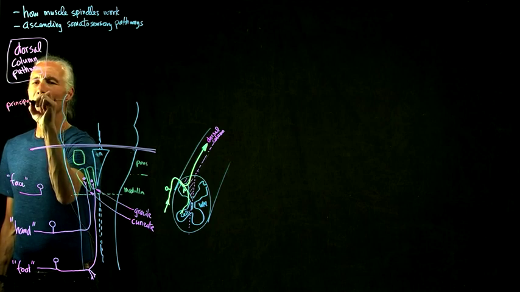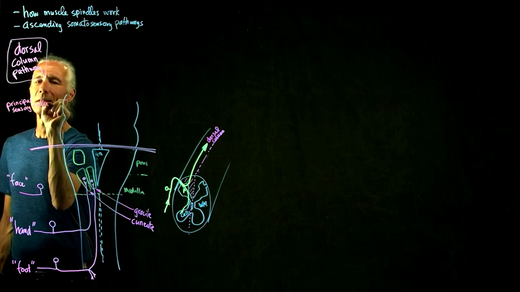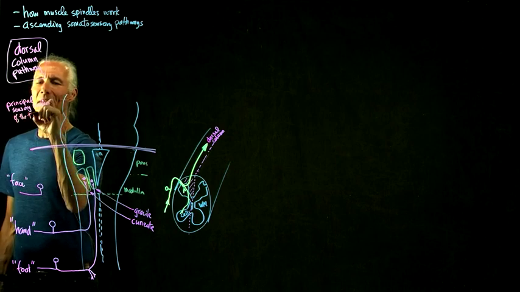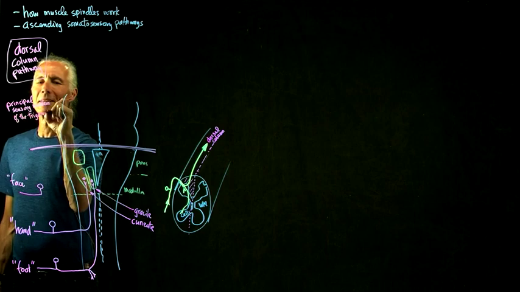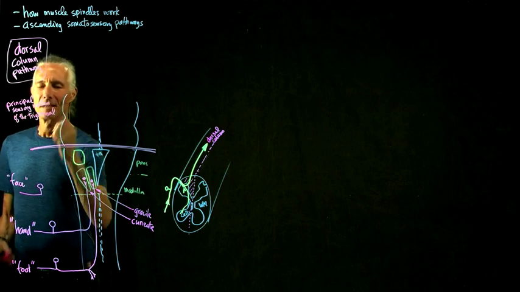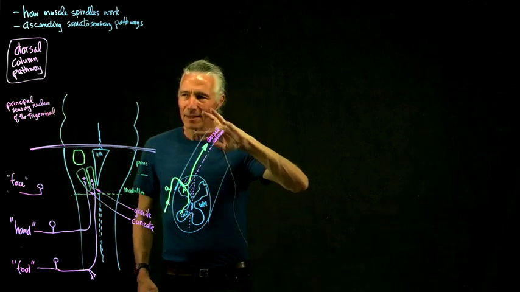It's the principal sensory nucleus of the trigeminal. And so what's trigeminal mean? Well, if you do gross anatomy and look at the nerve that goes to the face, it's got 3 little parts to it.